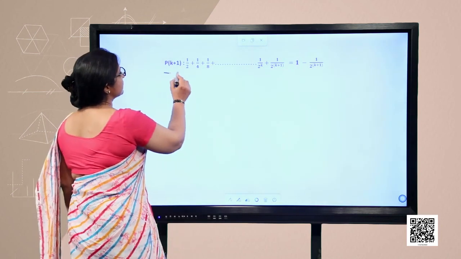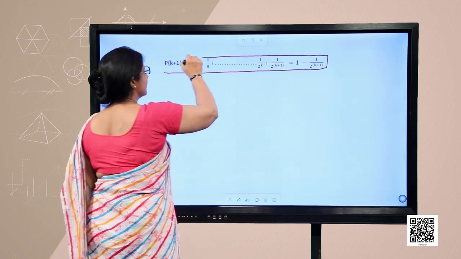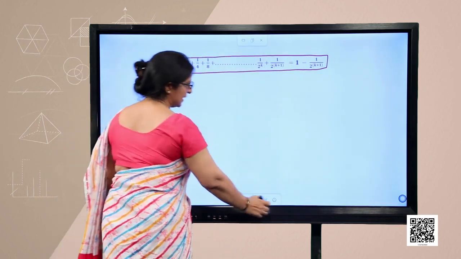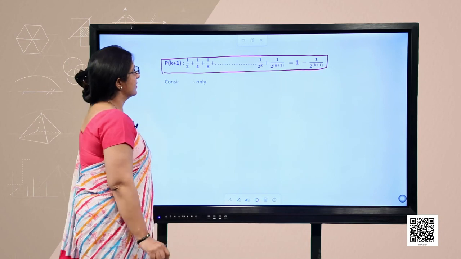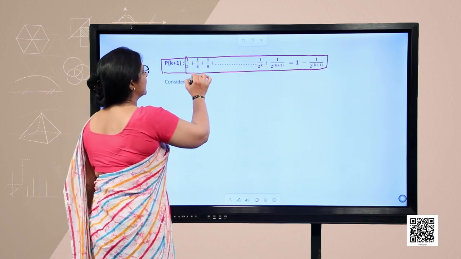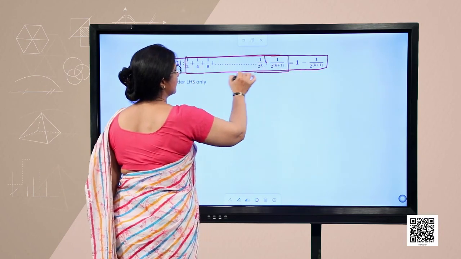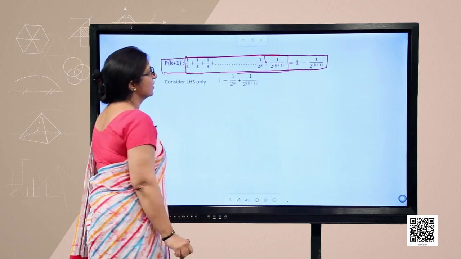Now, writing this expression again, which is to be proved, we need to prove this expression. Considering only the left hand side, we will be taking this much part which comes in the left hand side.